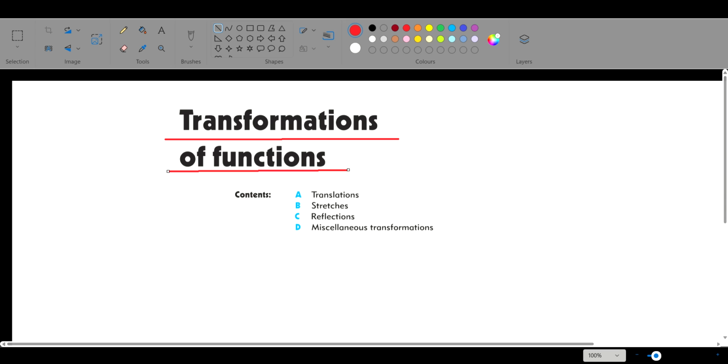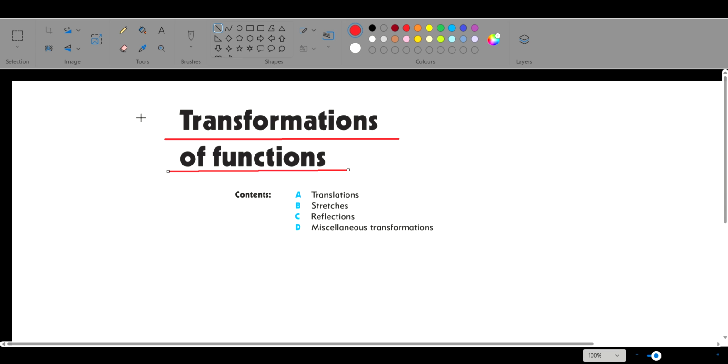But how do I know that a translation just happened, or that a stretch just happened? Do we have any mathematical way to understand that? Do we have any special things to understand that?